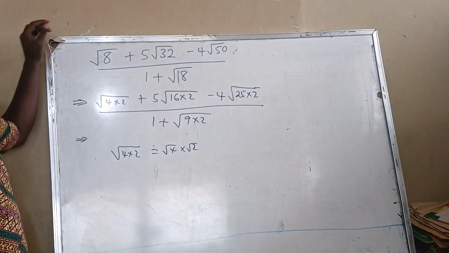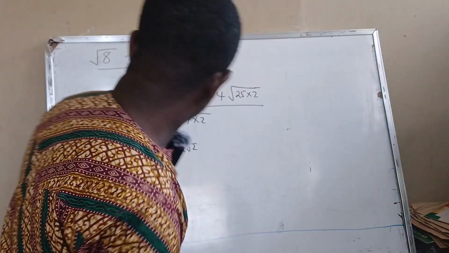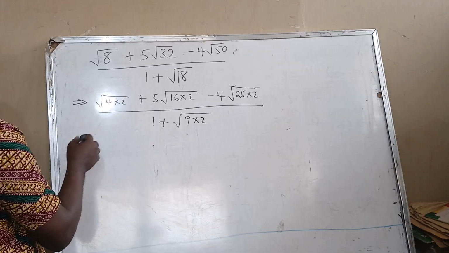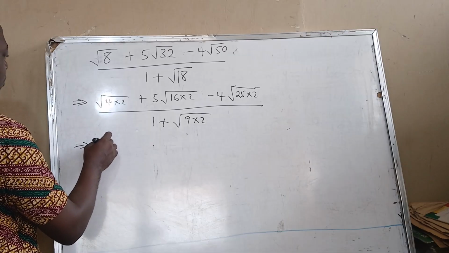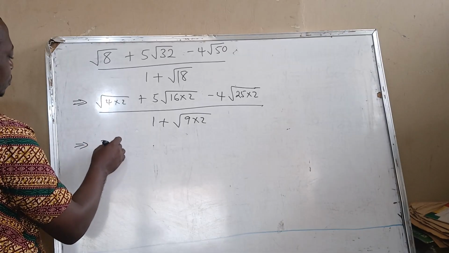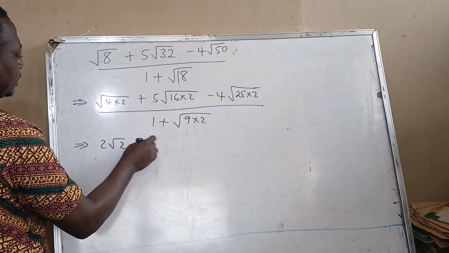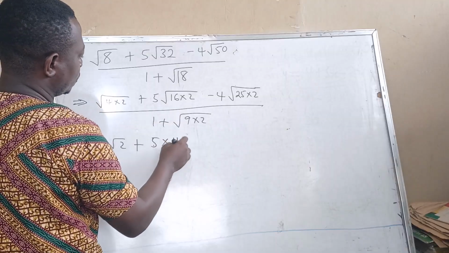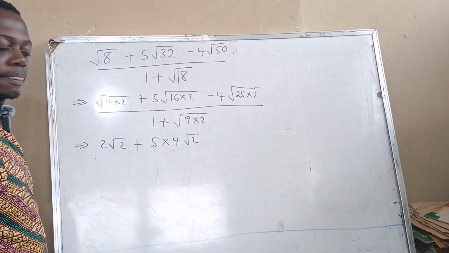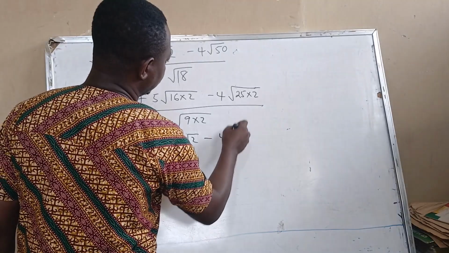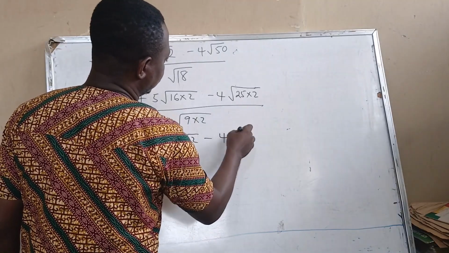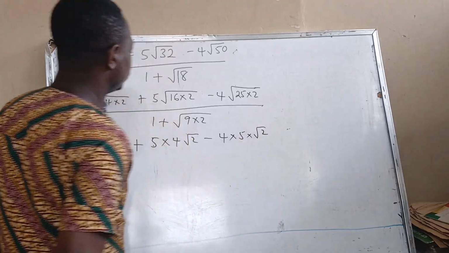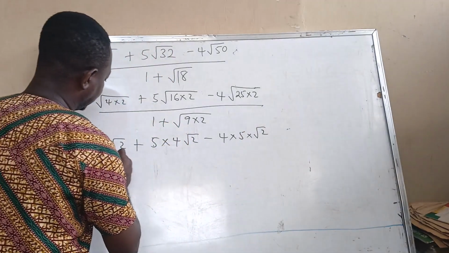I don't want to waste time here, so this side will be 4, that is 2 root 2, plus 5 times 4 root 2, minus 4 times 25, 5 times root 2.